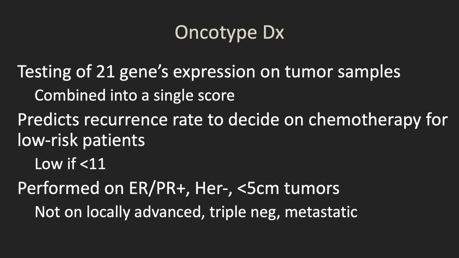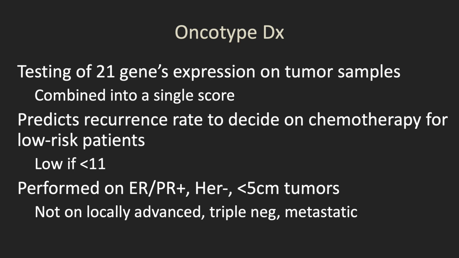There are a number of different commercially available oncogene tests. One is Oncotype. This particular system involves the testing of 21 genes that are expressed in the tumor samples. They're combined into a single score, and it's used to try and decide whether patients would benefit from chemotherapy if they're low risk.